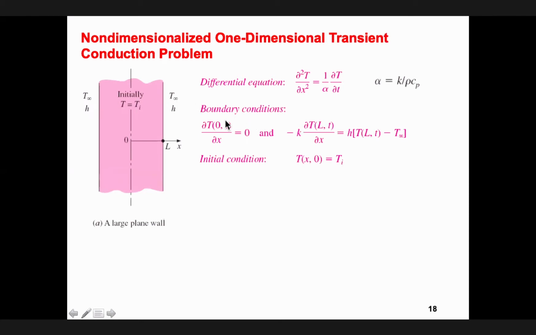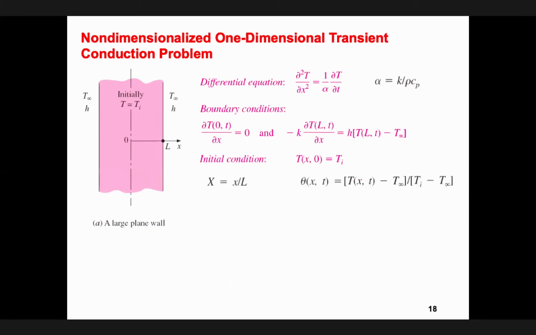This side is exposed to convective heat transfer, so convection equals conduction heat transfer at X equal L, and these are the two boundary conditions. If you solve this partial differential equation based on these boundary and initial conditions, the solution is only applicable to such an environment.